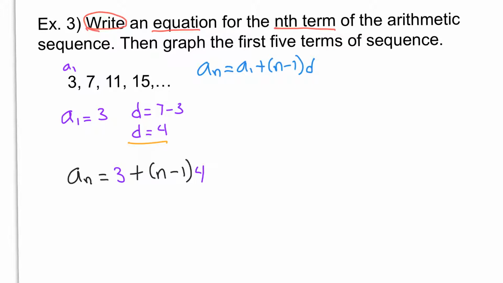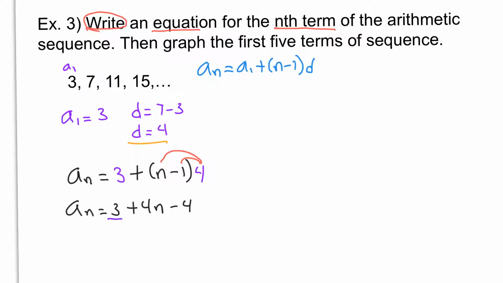But we're not done. You actually have to simplify that equation. So I need to distribute the 4 into the parentheses. So I have a sub n equals 3 plus 4n. You multiply 4 times n, and then you multiply 4 times negative 1, and that's going to be minus 4.